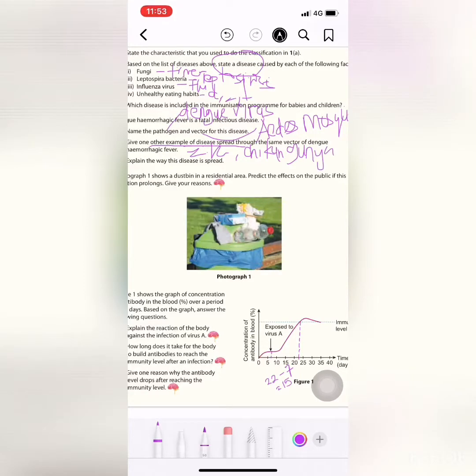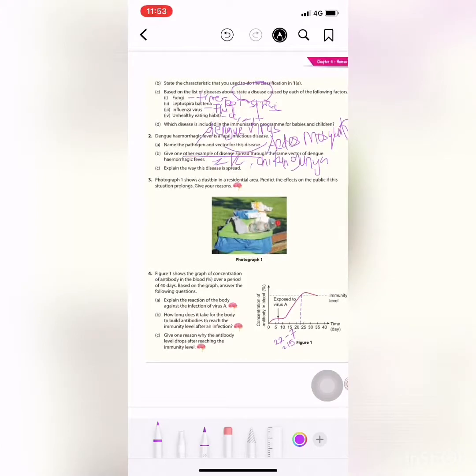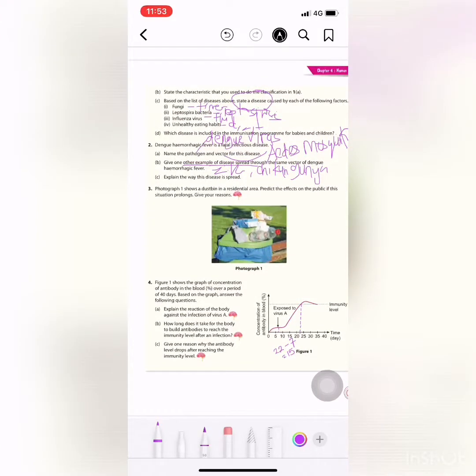Okay. But yeah, for 2B, I think it's easier for you to remember Zika. Okay, Zika and dengue, they are caused by Aedes mosquito, but different virus. Okay, for Zika is Zika virus, for dengue is dengue virus. Okay, so Aedes mosquito is very dangerous actually, so we have to get rid of the mosquito.